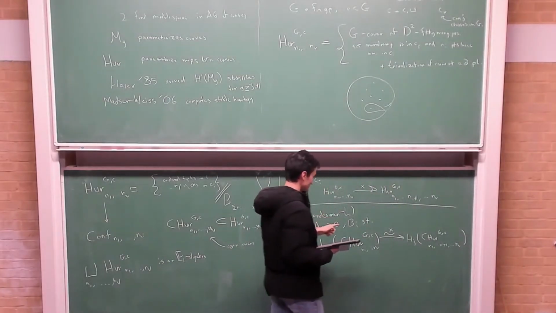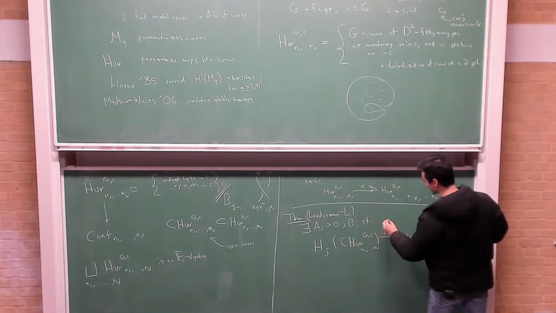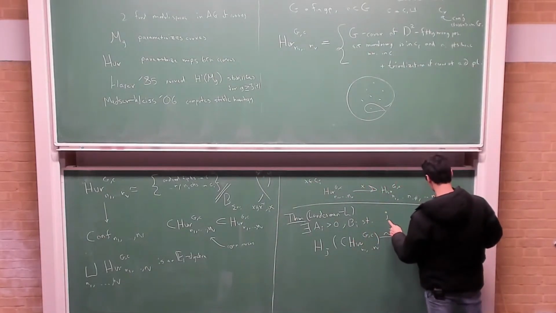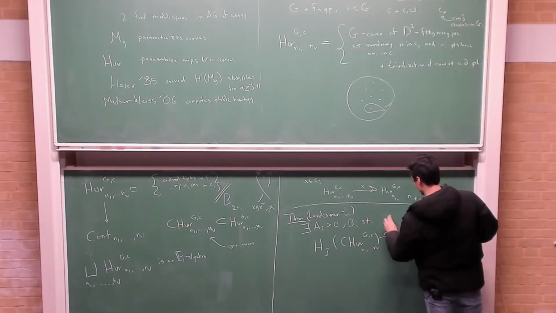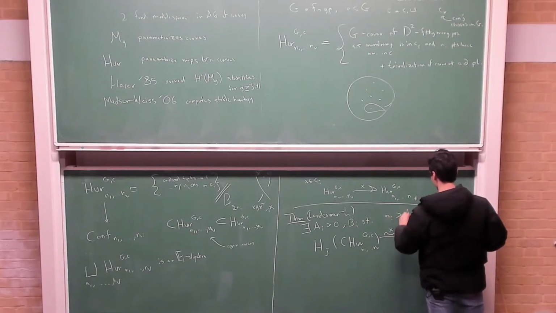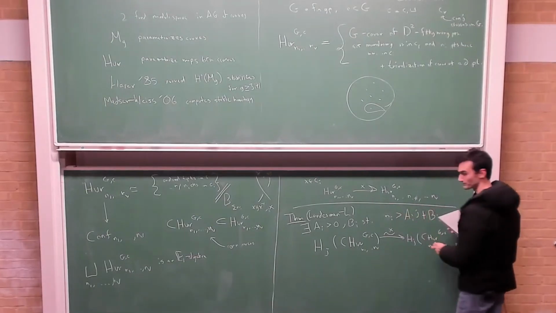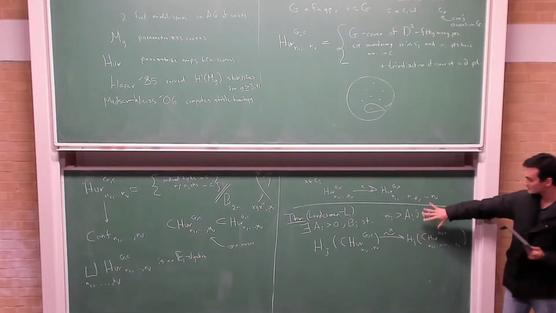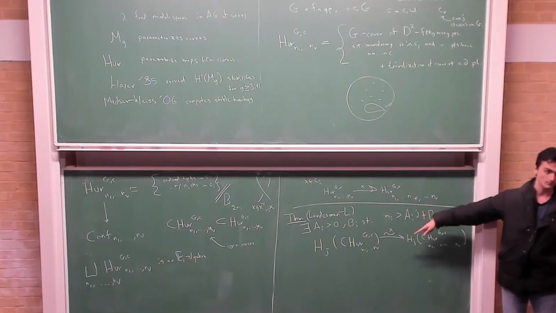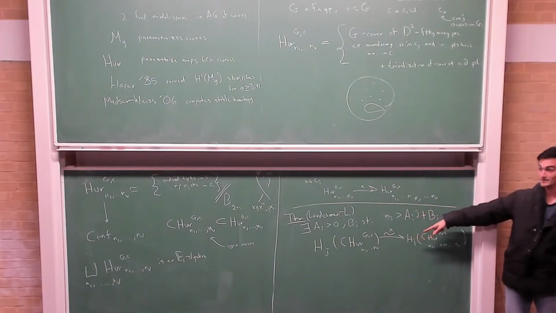This is for when you're in the stable range. The stable range is for when you want n_i to be greater than a_i times j plus b_i. So there's some stable range for which this multiplication by x is an isomorphism on homology.